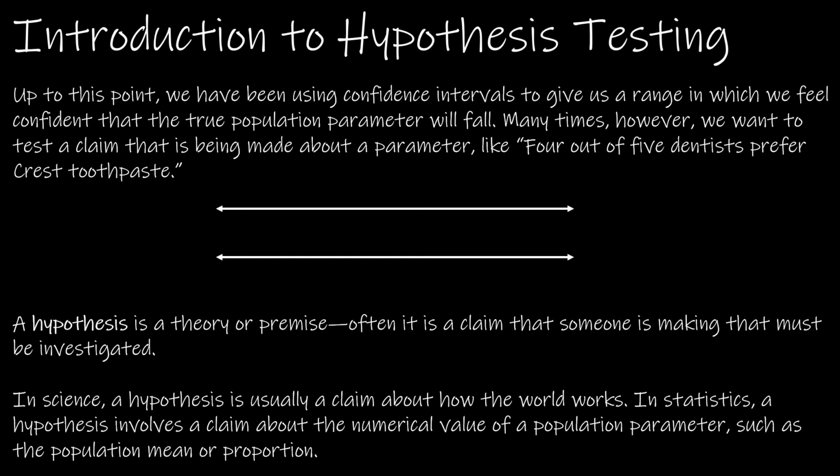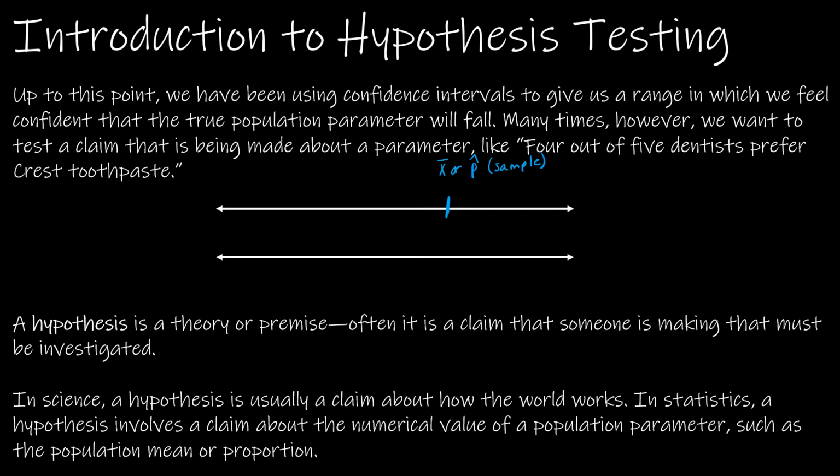So up to this point, what we've been doing is we've been creating confidence intervals. And a confidence interval is an interval that is centered at either x bar or p hat, which is, of course, sample data.